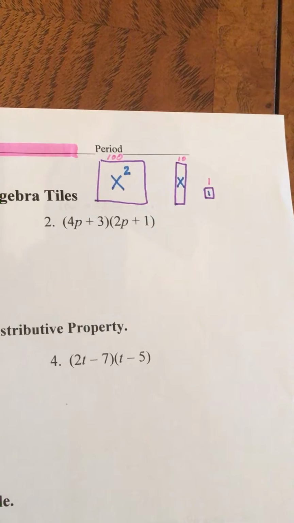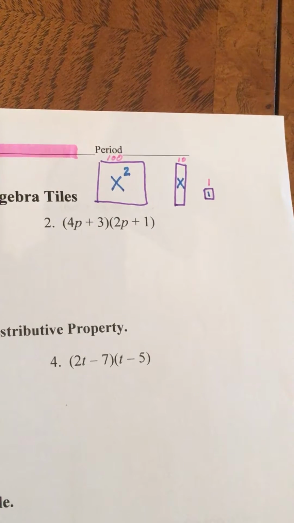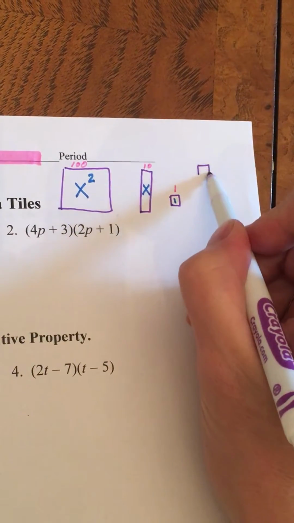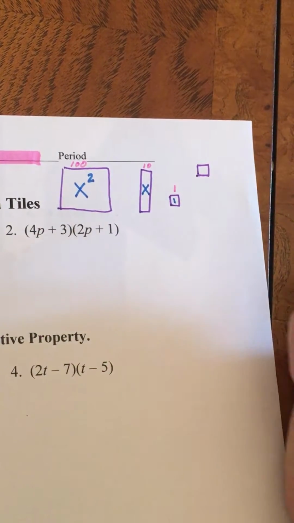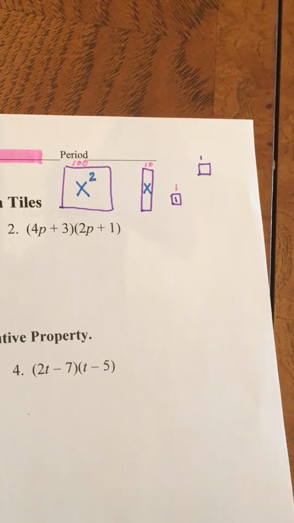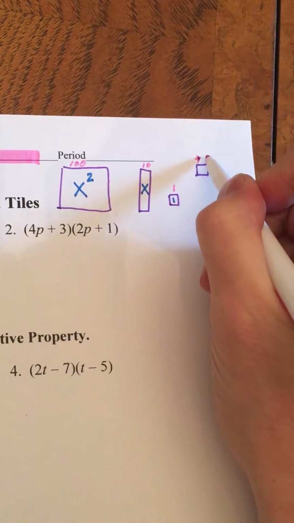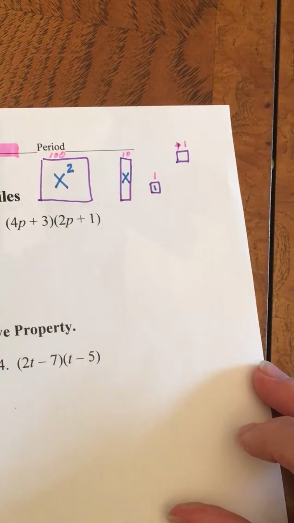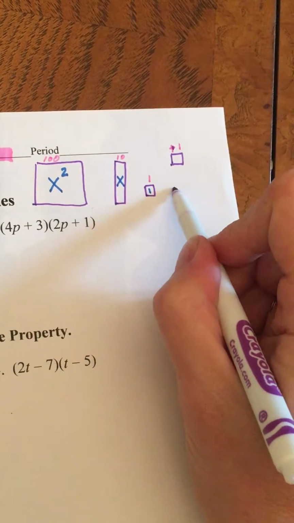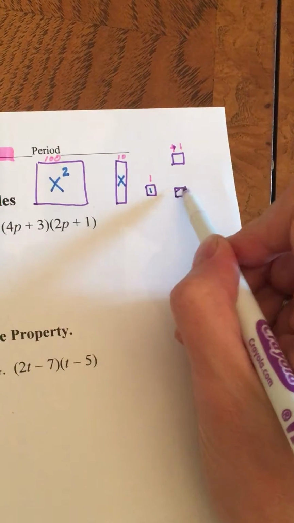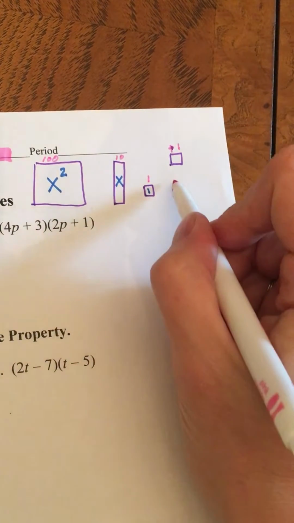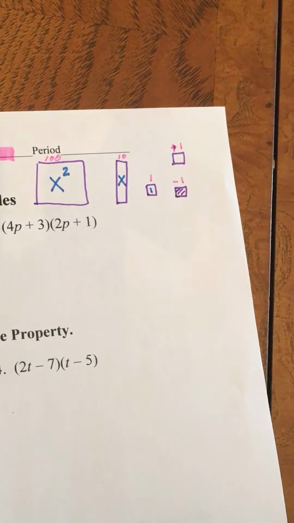Another thing that you saw in elementary school was that if a box was white with nothing in it, then it was worth a positive 1 value. And you saw that if you had a box that was shaded, it had a negative 1 value.